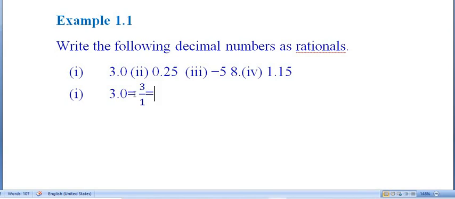That is the rational number, because we have studied that a by b form is the rational number. So 3 by 1 is the answer.